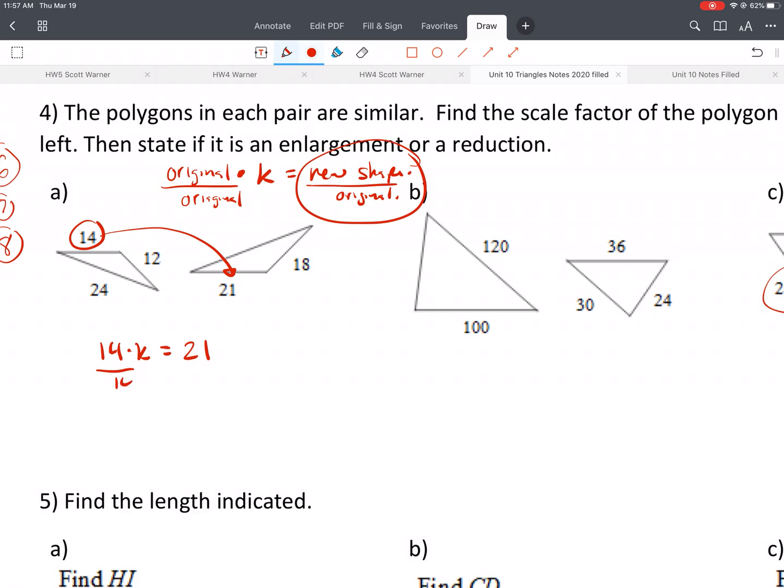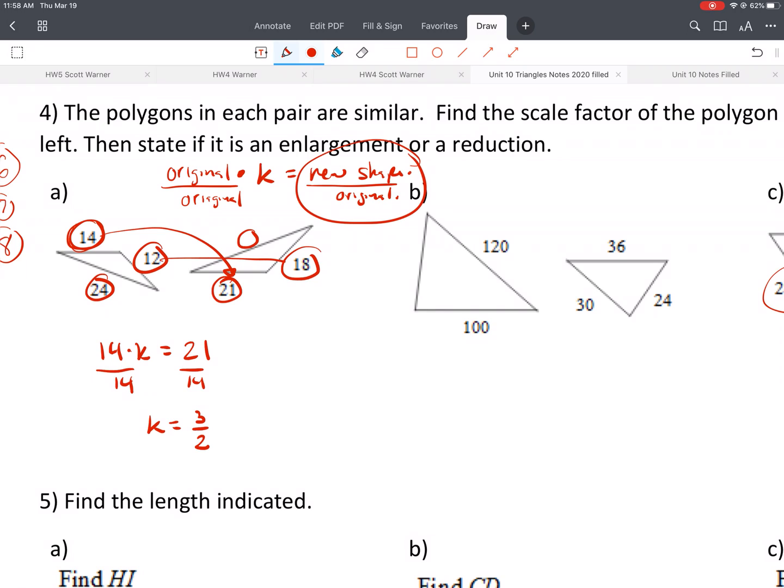So we divide both sides by 14 and end up getting K is equal to 3/2. And why I chose those numbers, perhaps you are asking. This is the largest side, the next largest side would be 14, so that would be 21, and then the smallest side would be the 18.